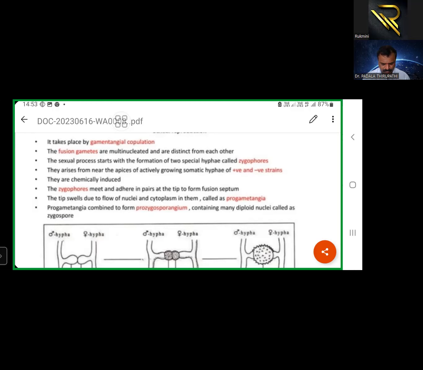Who discovered heterothallism? A.F. Blakeslee, an American geneticist. He discovered this heterothallism phenomenon in the species Mucor mucedo. In which year? In 1904 he discovered this phenomenon.